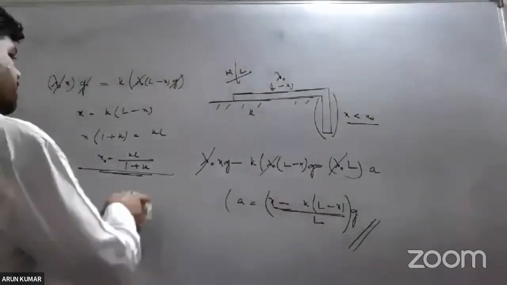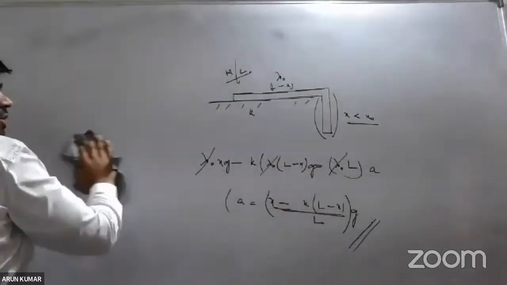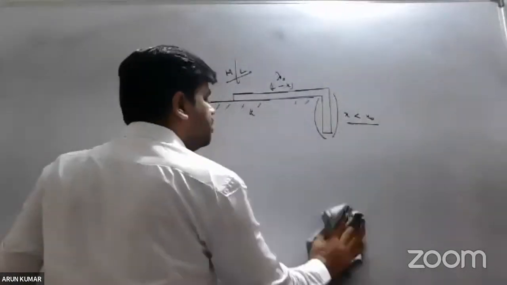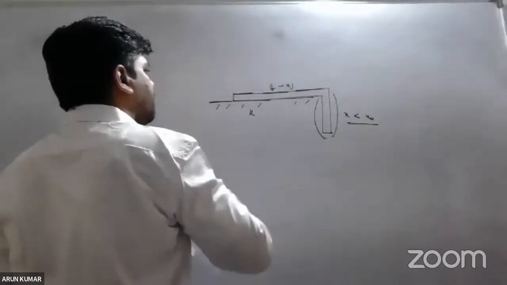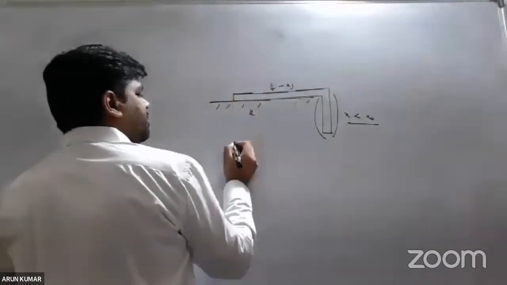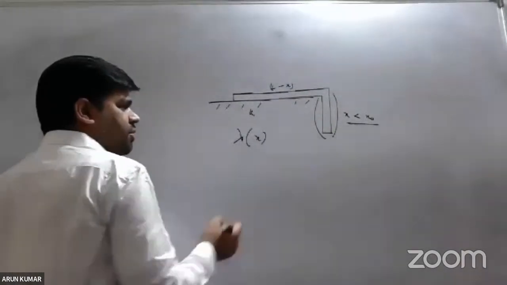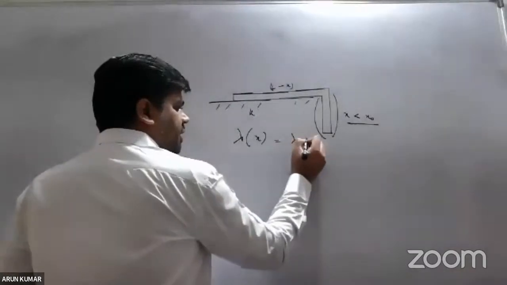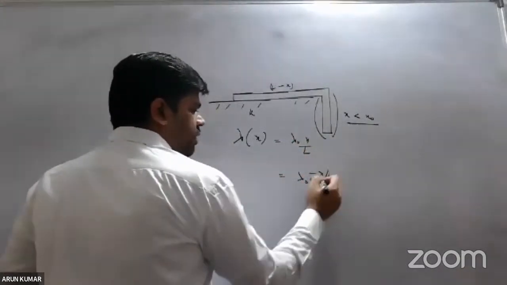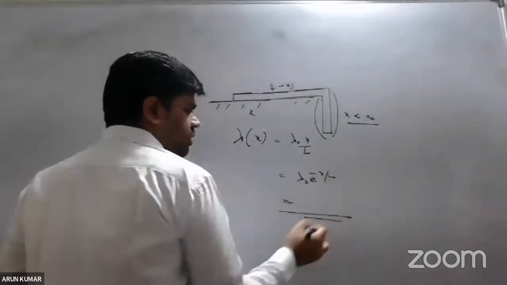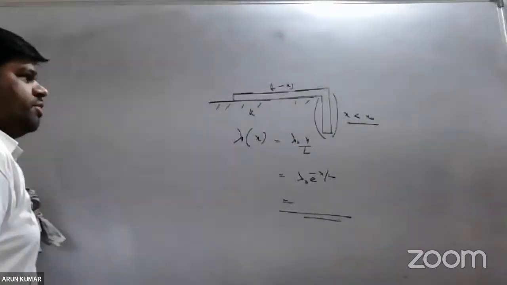You can do it for any variation. It's just a matter of integration. So let us say the linear mass density is not constant, but varying, lambda is lambda of x. It could be lambda naught into x by L. It could be lambda naught into e power minus x by L, or any other function. But we have done with this function, so we'll go with this function now.